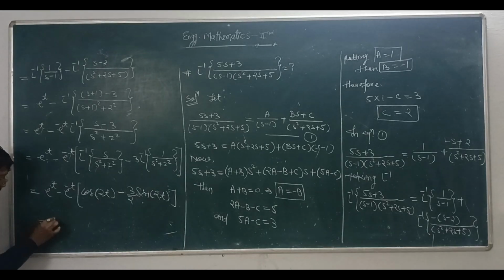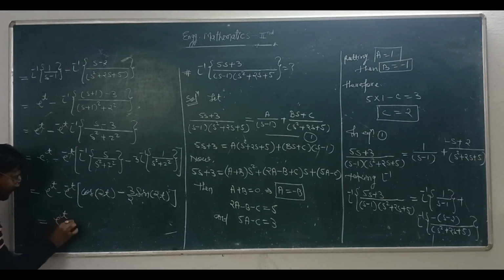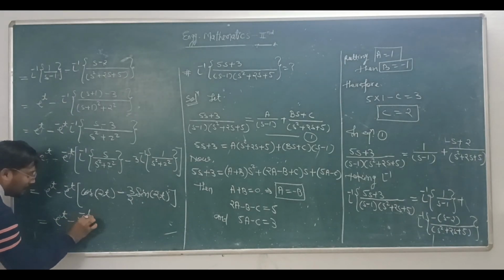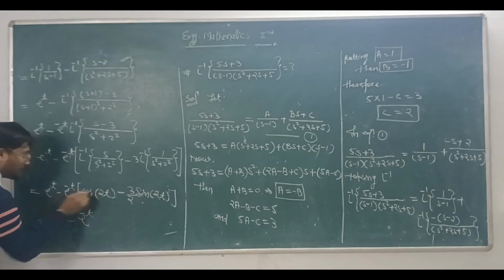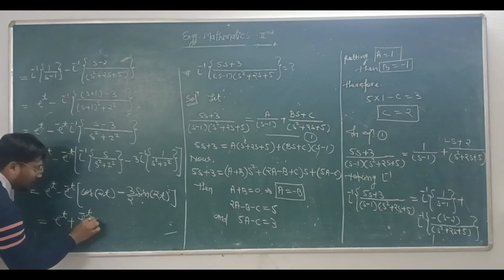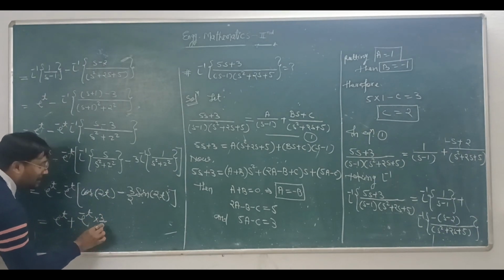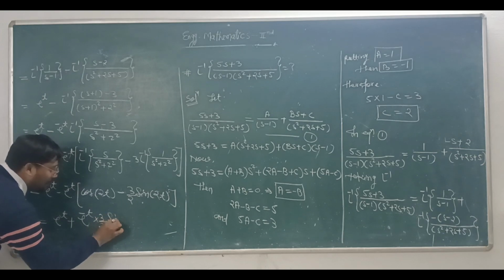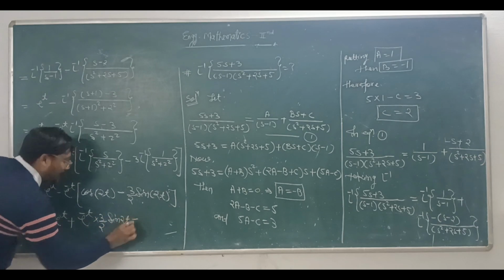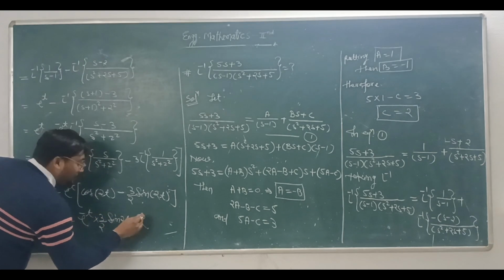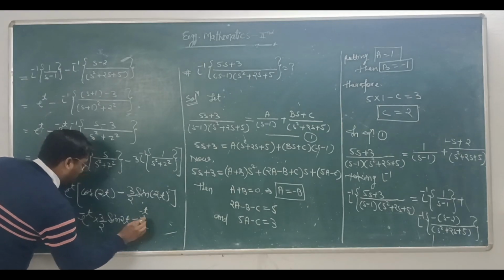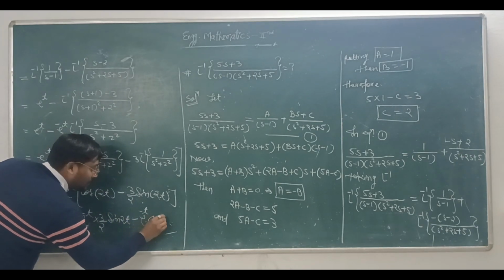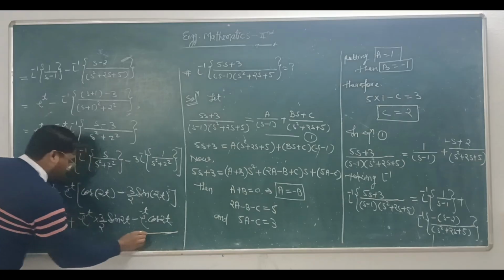You can also write e to the power t minus e to the power minus t, minus minus plus, into 3 by 2 sin 2t minus e to the power minus t into cos 2t. This is your final answer.